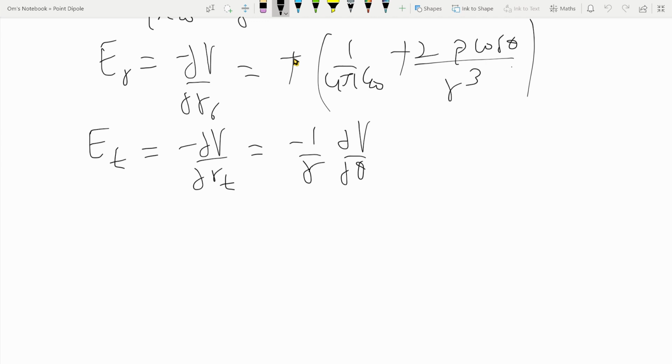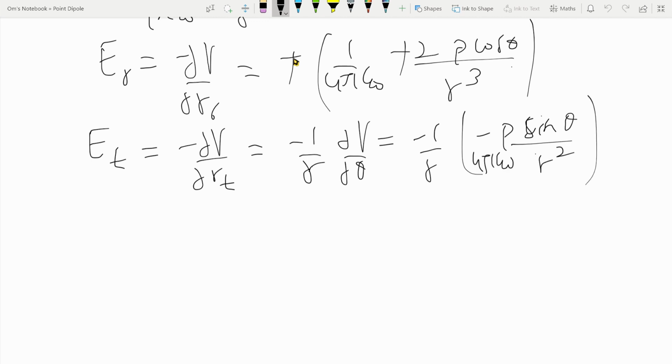So again, this would now be equal to minus 1 by r, and since we are differentiating with respect to theta, we have cos theta in the equation. That will become minus p sine theta by epsilon naught into r square. And so this is the equation of the electric field along the transverse direction.